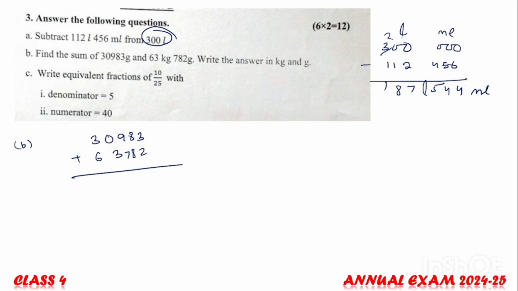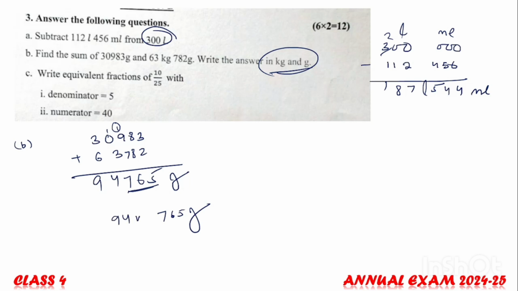So addition: 3 plus 2 is 5. 8 plus 8 is 16, carry 1. 9 plus 1 is 10, plus 7 is 17, carry 1. 3 plus 1 is 4, 6 plus 3 is 9. This is in gram, but we write in kg and gram. Simply we write the last 3 digits in the gram place, that is 765 gram, and the remaining is kg, that is 94 kg.